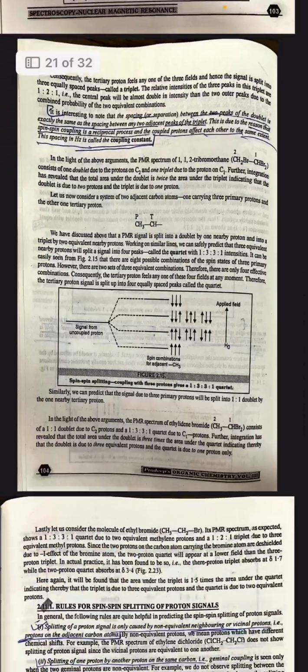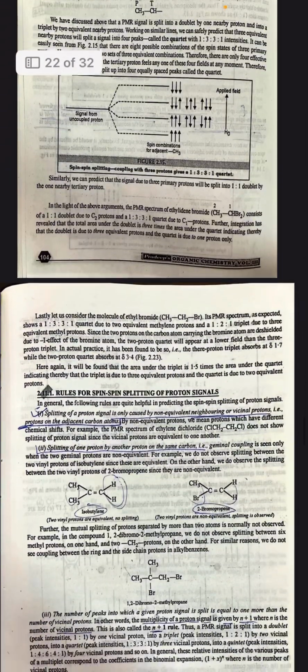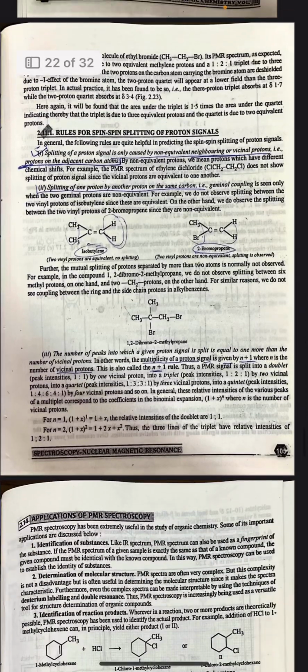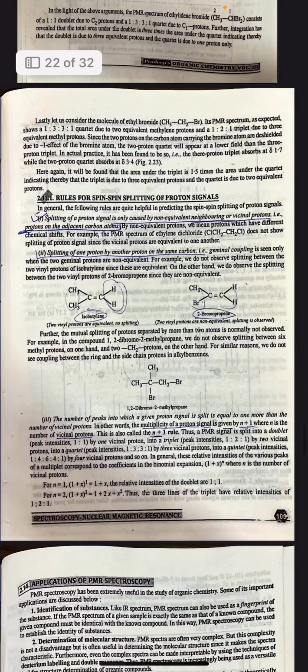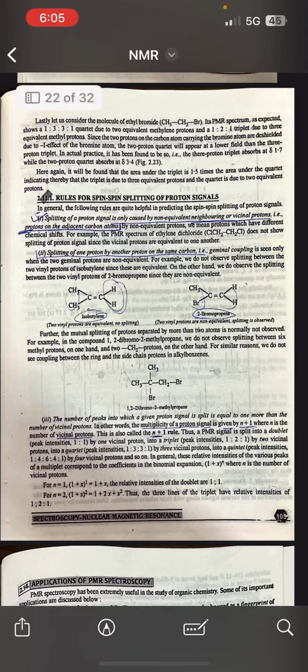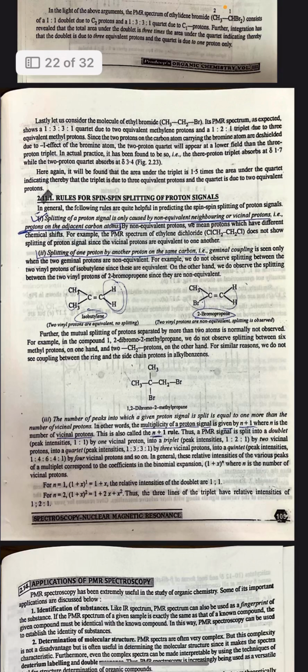Now let's discuss the rules for spin splitting of the proton signals. In general, the following rules are quite helpful in predicting the spin splitting of the proton signals. First of all, splitting of a proton signal is only caused by non-equivalent neighboring or vicinal protons, that is, protons on the adjacent carbon atom.